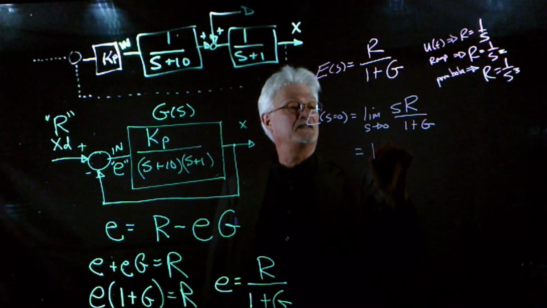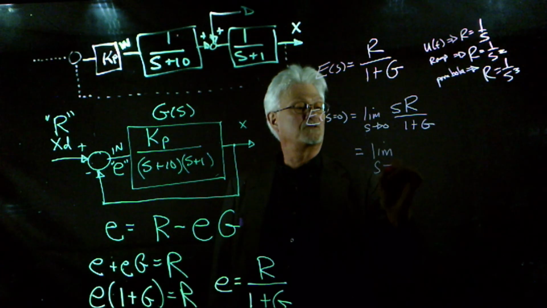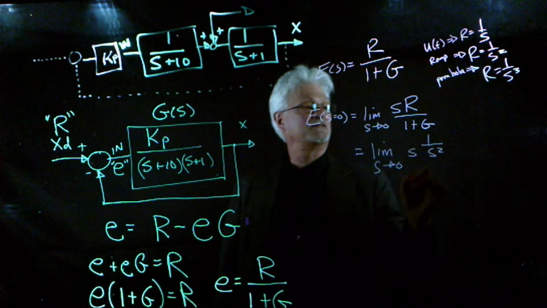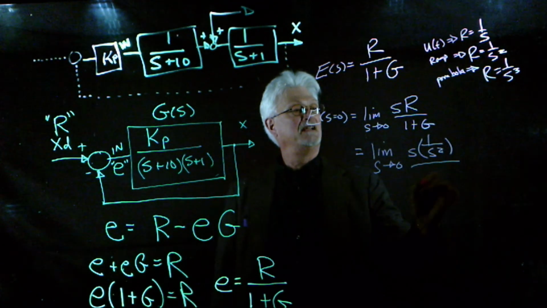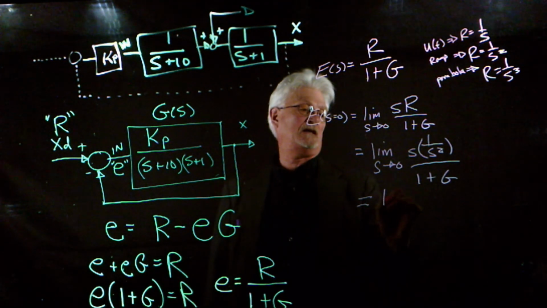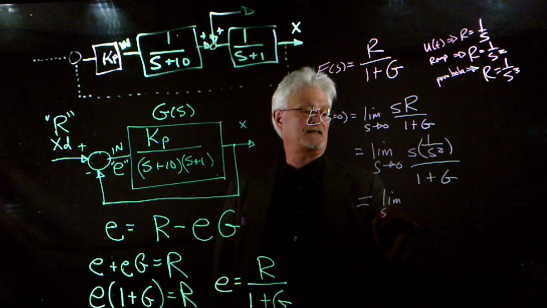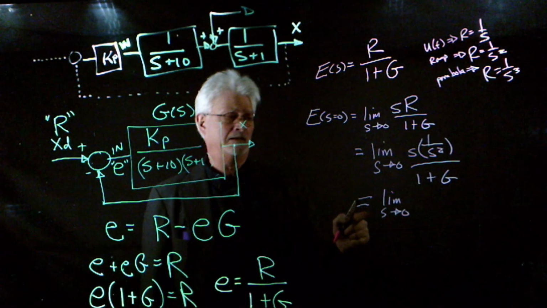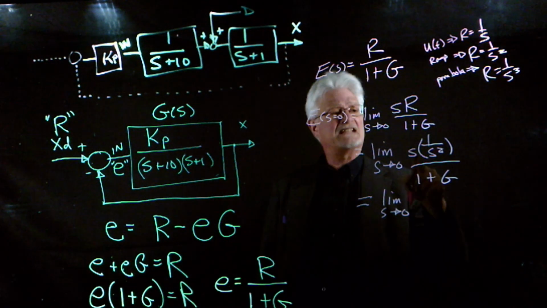This is the limit as S approaches 0 of S times 1 over S squared, because that's what R is really, right? And so this is over 1 plus G. We're going to just keep doing this math of the limit as S approaches 0. I already did my limit joke, so you know that one. Okay, so one of these S's cancel out.